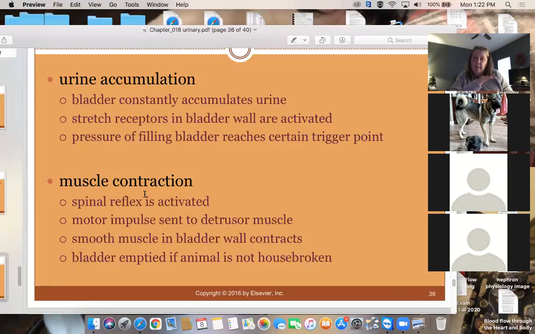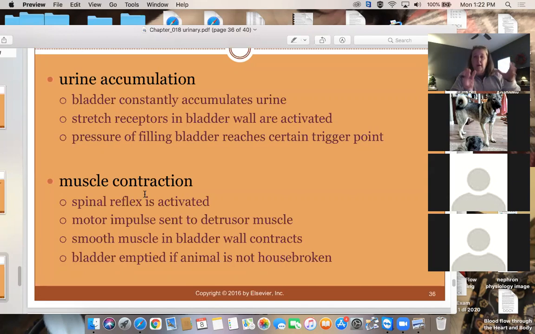But anytime there is a back injury, either due to trauma or from a ruptured disc, making sure we check the bladder is very, very important, because if anywhere along that spinal cord or those nerves there's an injury, there can be an injury that prevents the signal from going to the brain, or the injury can prevent the motor signal from making it from the brain to the bladder.